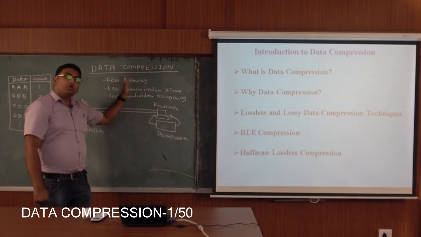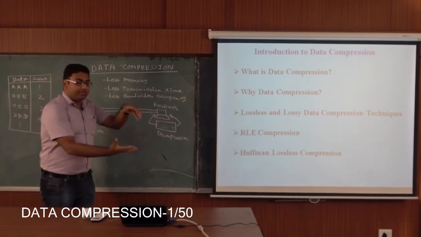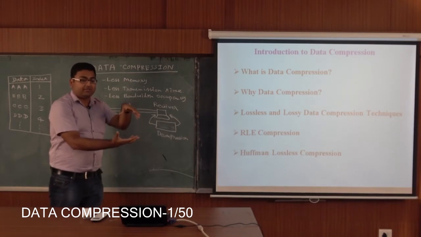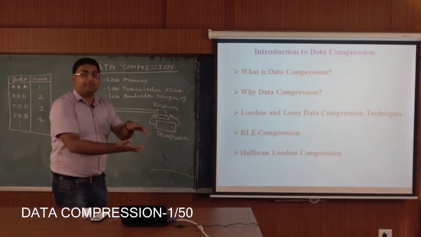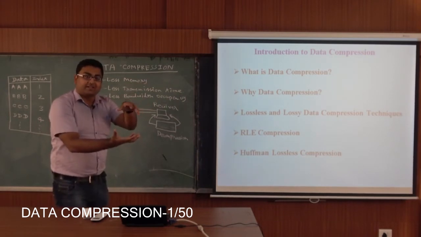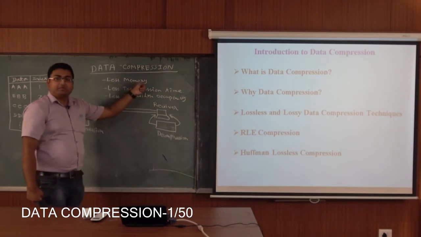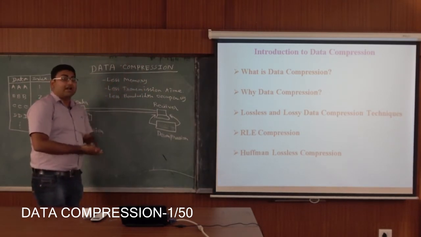Not only that, it also occupies less memory. In natural gas, if we compress the gas, we can pour it into small cylinders applicable for cooking. So it reduces the volume of the gas. In the same way, we reduce the volume of memory if we apply various compression algorithms on digital data.